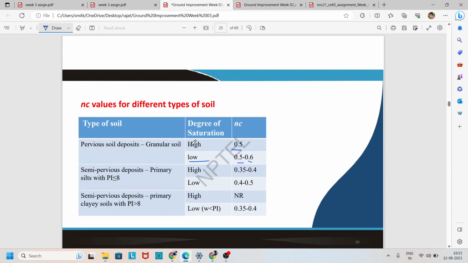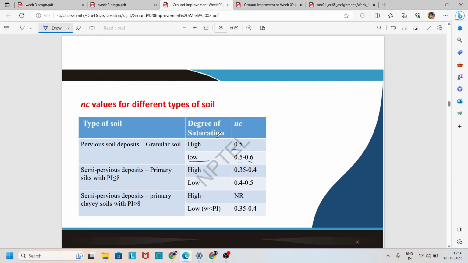But when the degree of saturation is on the lower side, the NC value increases. That is quite similar to what we know: if the degree of saturation is high, the depth of improvement is low, or it is difficult to improve using the deep dynamic technique.